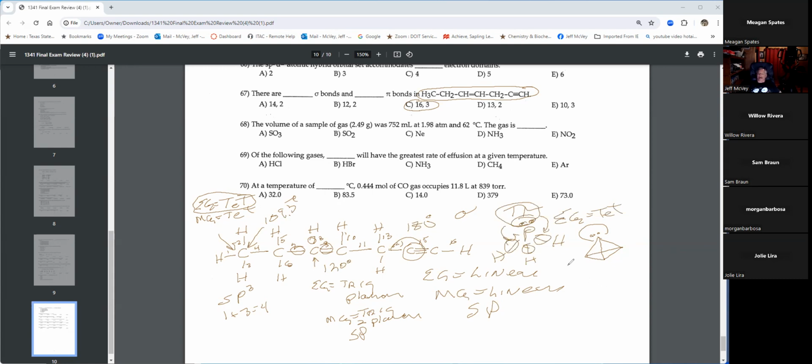So let me ask you something else. Is this molecule PH3 polar or nonpolar? Look at the shape. Is the shape asymmetrical? Yes. So it's polar.